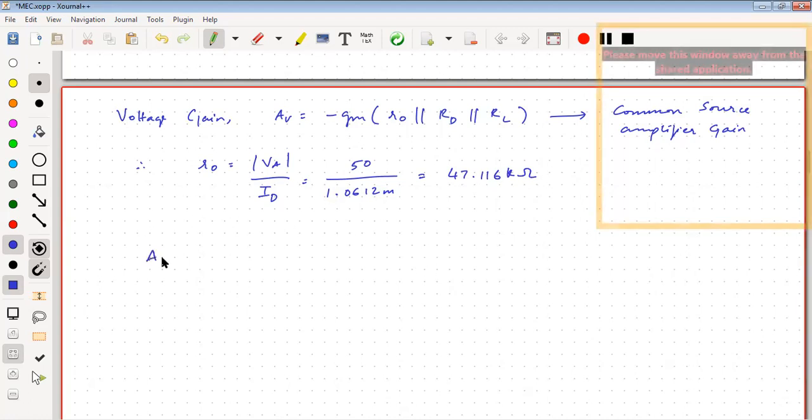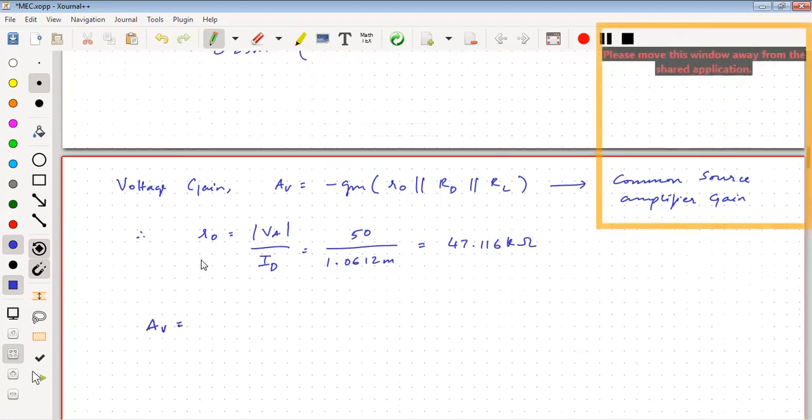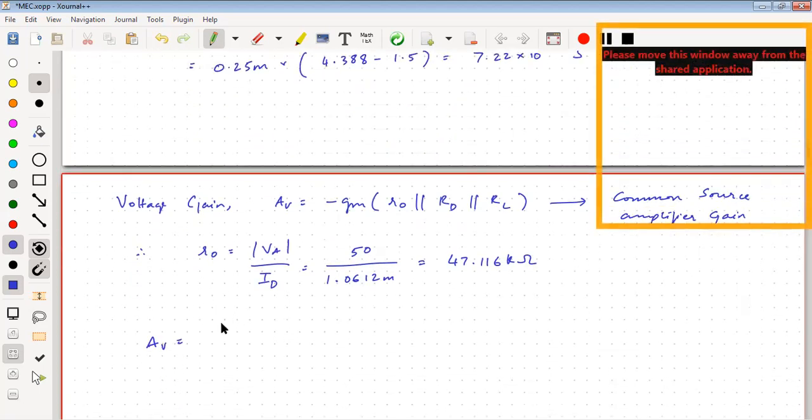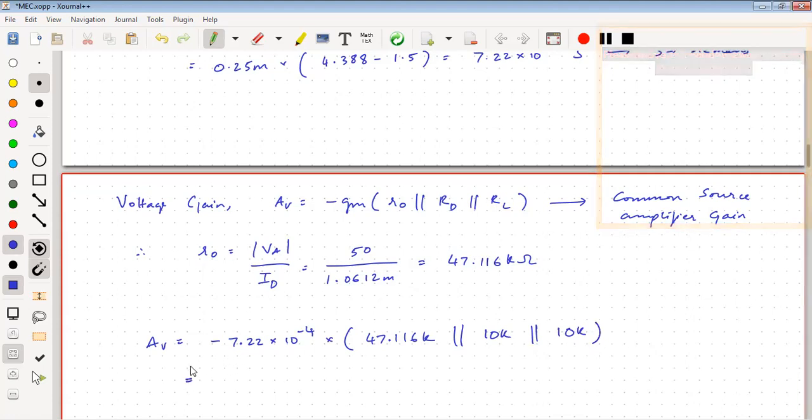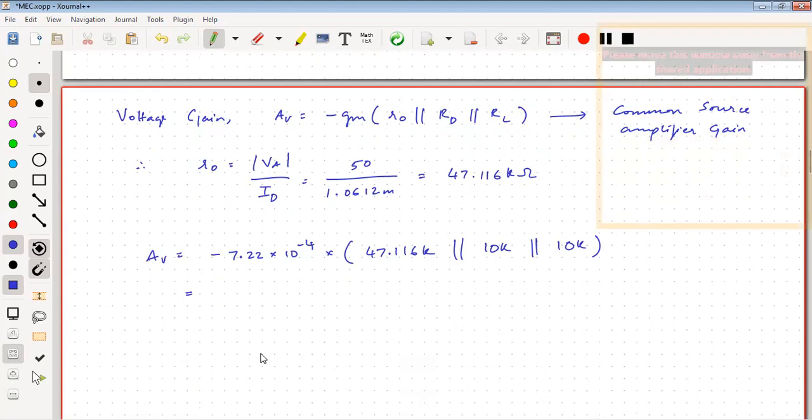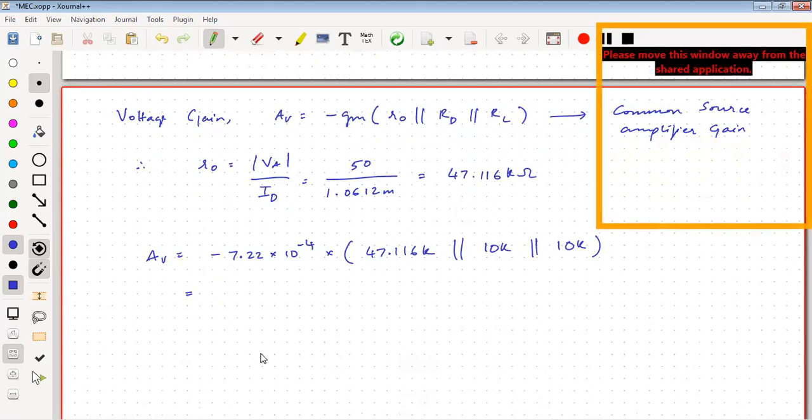So finally, I can write Av as gm value, which is 7.22. So minus 7.22 into 10 power minus 4 into 47.116 kilo parallel. RD is 10 kilo, RL is also 10 kilo. So if you calculate this, first I'll calculate this parallel combination.